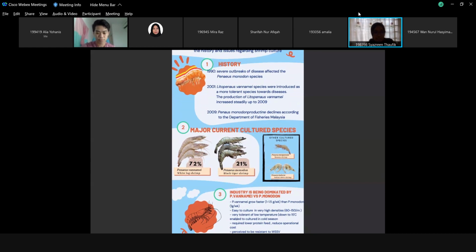It is also known as the white-leg shrimp. The next one is Penaeus monodon, also known as the black tiger shrimp, which contributes about 21% in Malaysia. These two are the other cultured species in Malaysia, but they are not widely cultured. These shrimp are usually cultured in Peninsular Malaysia and Sabah.